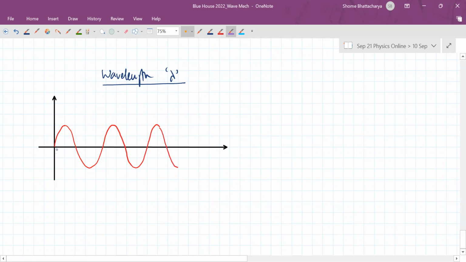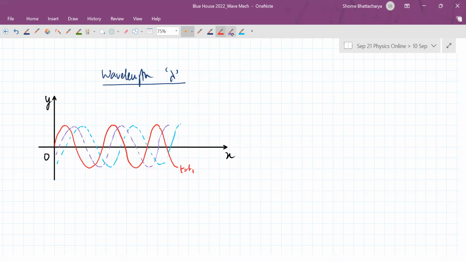So see that as this is traveling, this is at some t1, this is at some t2 equal to t1 plus some amount of time, and this is at some t3, like this.